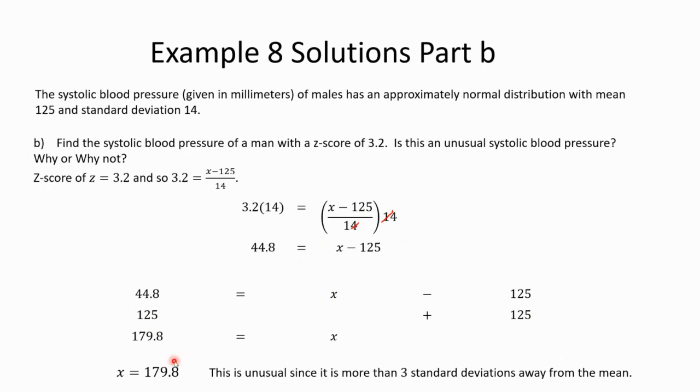That's what x is. And again, this is unusual because this z-score is bigger than 3 or less than -3. In other words, if the data value is more than 3 standard deviations away from the mean, it's unusual, which really means that the z-score is bigger than 3 or less than -3. Okay, now before we do part C, are there any questions about this?